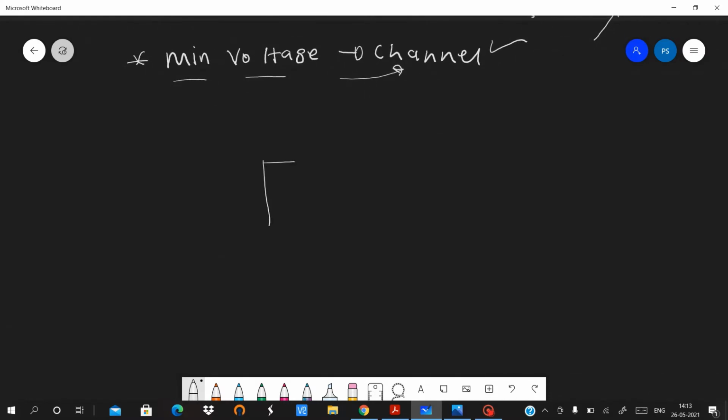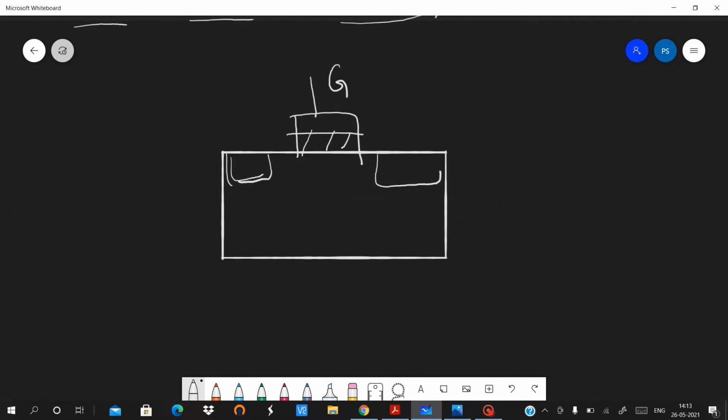And I'm assuming that whatever I draw now you already know. For example, I'm just drawing an N type MOSFET. So this is an N diffusion, let's call it source, and this is the drain, this is the gate, this is polysilicon, this is SiO2.